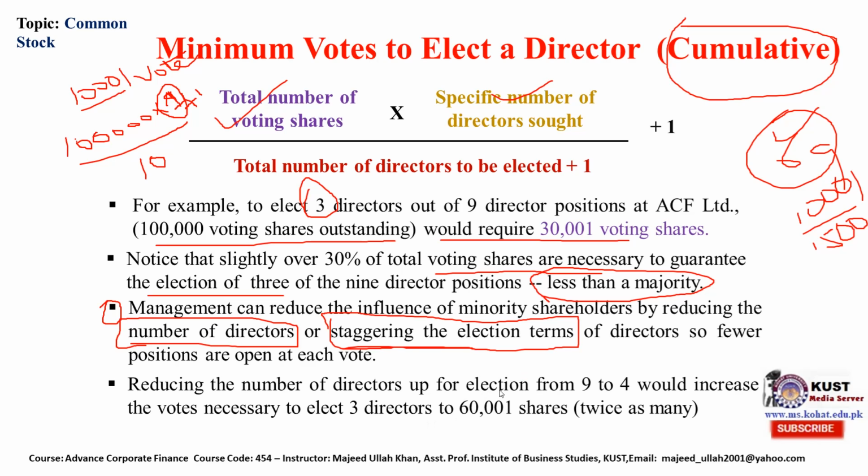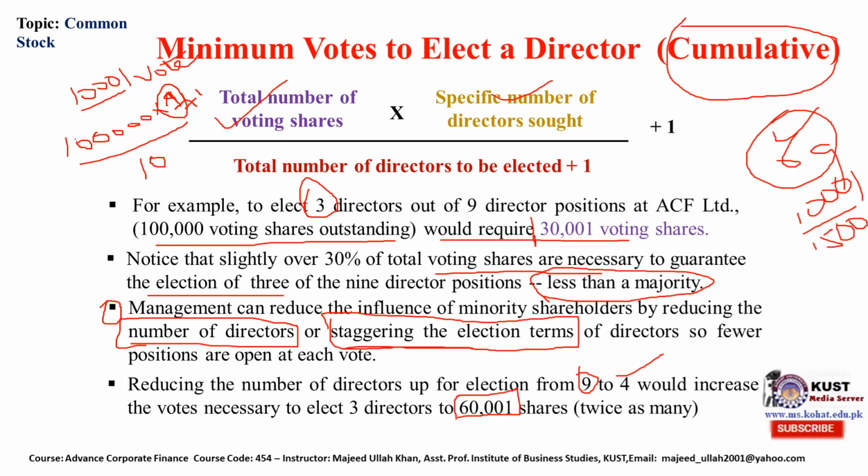Reducing the number of directors, this is, let's suppose, a numerical example. Reducing the number of directors up for election from 9 to 4, let's suppose, would increase the voting necessary to elect 3 directors from 30,001 votes to 60,001 votes.